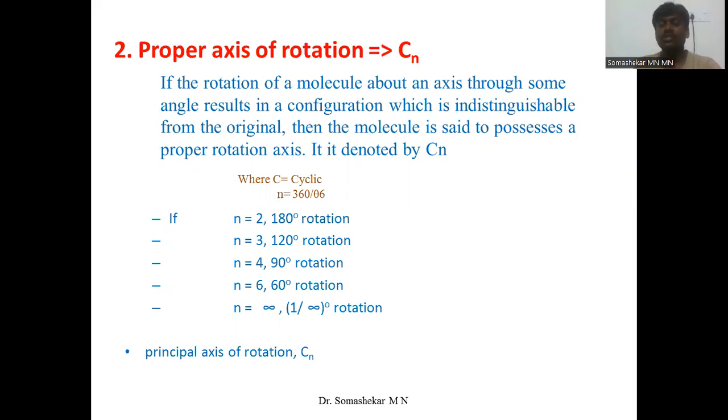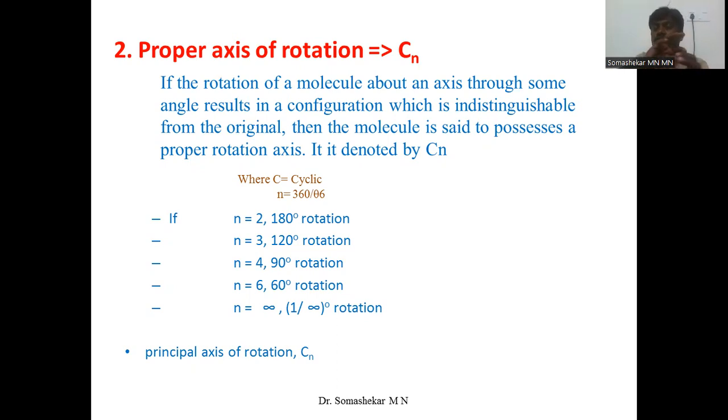If the rotation of a molecule about an axis through some angle results in a configuration which is indistinguishable, meaning you cannot differentiate the first one from the second one, indistinguishable from the original, then the molecule is said to possess a proper axis of rotation, denoted by Cn, where C is cyclic and n is the number of rotations, 360 by n.